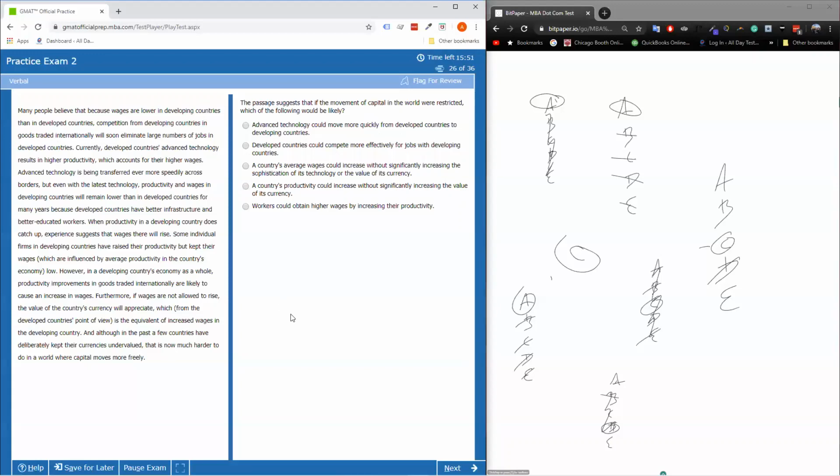The passage suggests that if the movement of capital in the world were restricted, which of the following would be likely? Advanced technology could move more quickly from developed countries to developing countries. Developed countries could compete more effectively for jobs with developing countries.